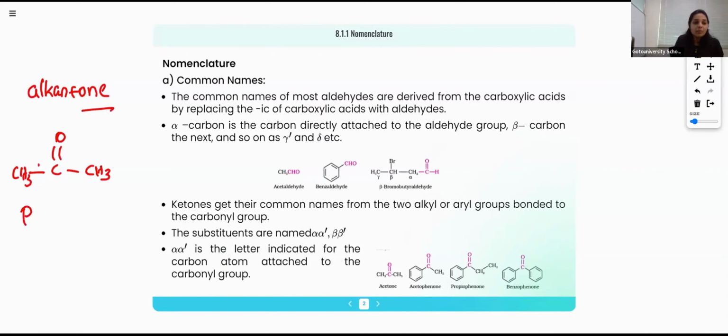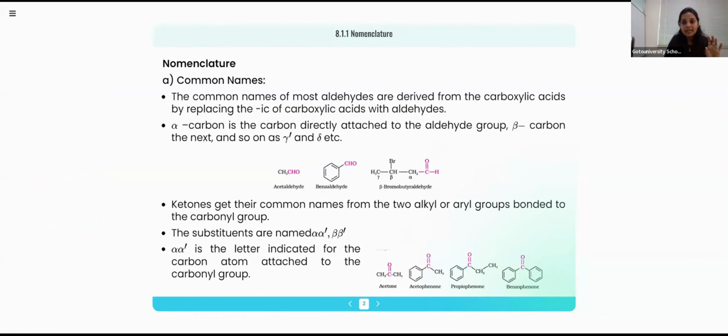So it will be propanone. Here the CO group is there, but if 3 carbon atoms are there, the only possibility is CO group will be at the middle. So no need to mention the number 2. It will be simply propanone. That's all about the nomenclature of ketone.